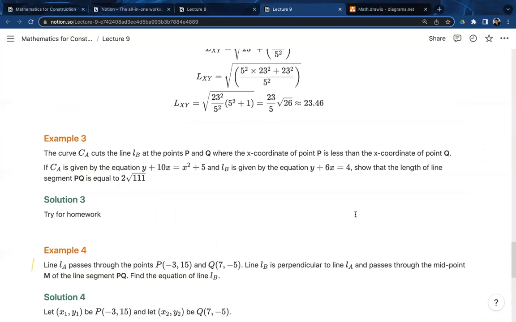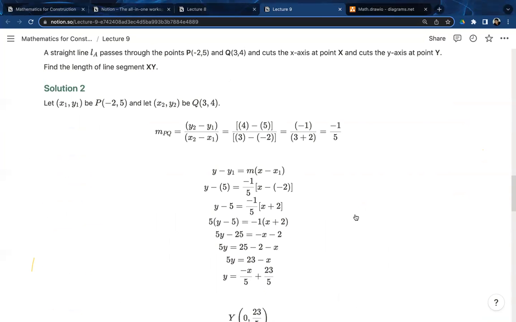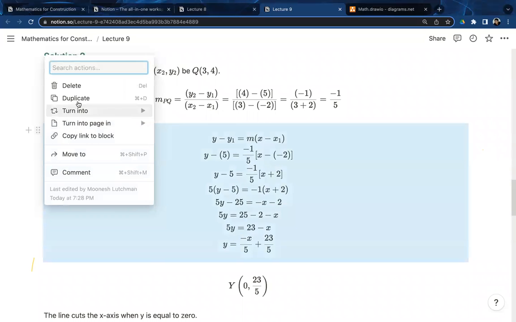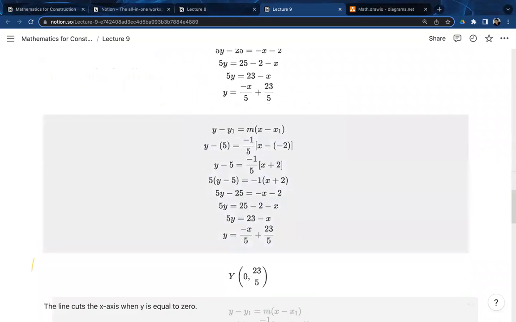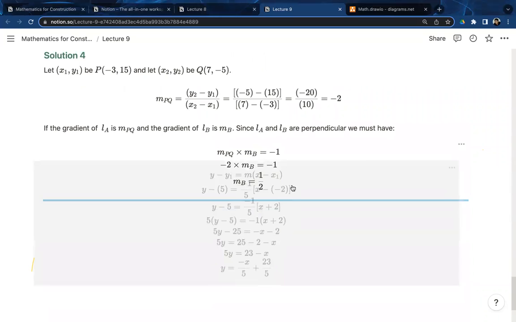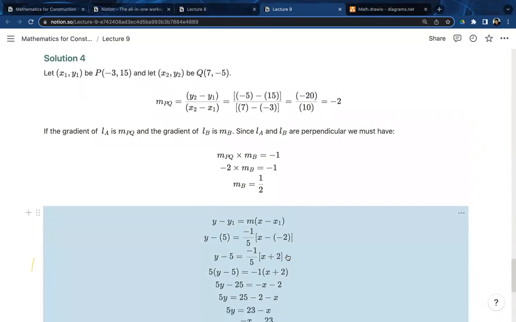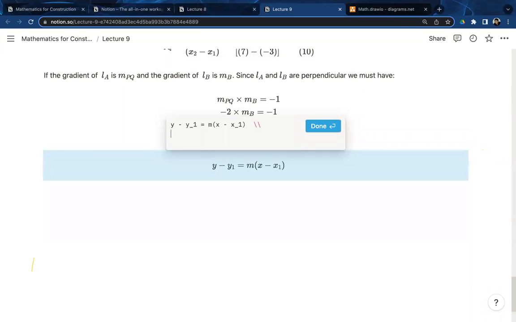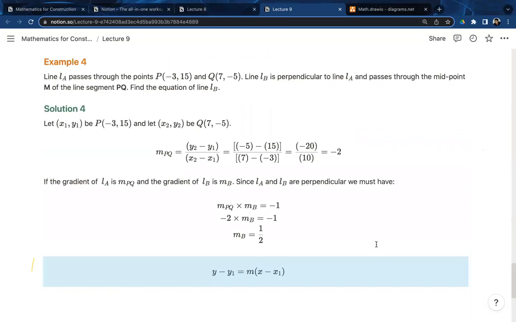Now we want to find the equation of LB. We say y minus y1 is equal to m times x minus x1. But before we do this, I don't know the point that LB passes through.